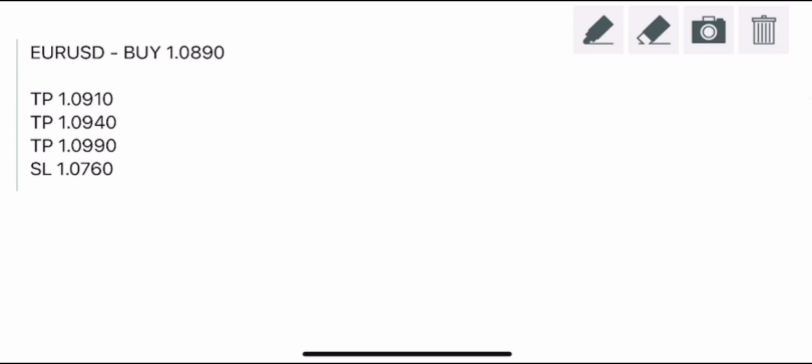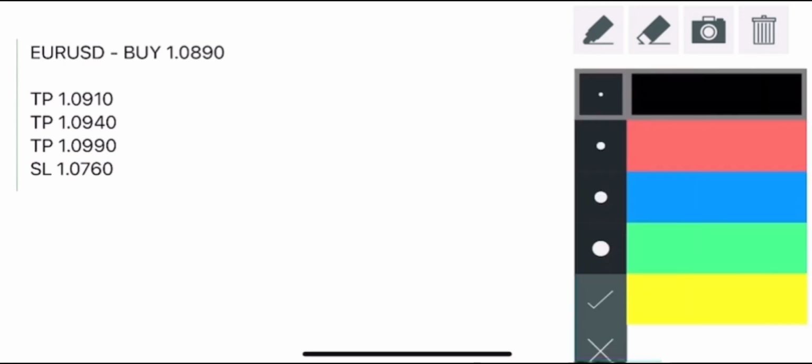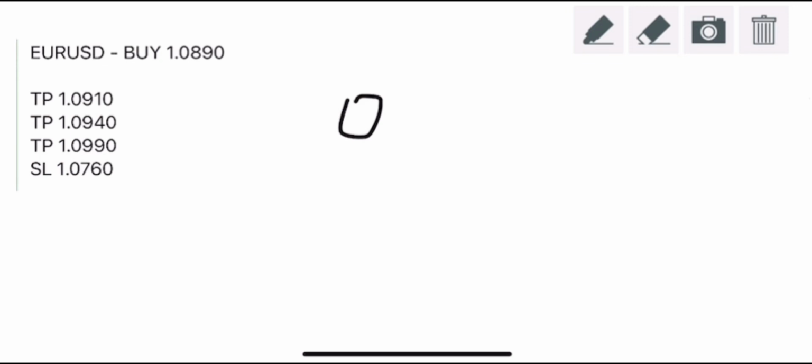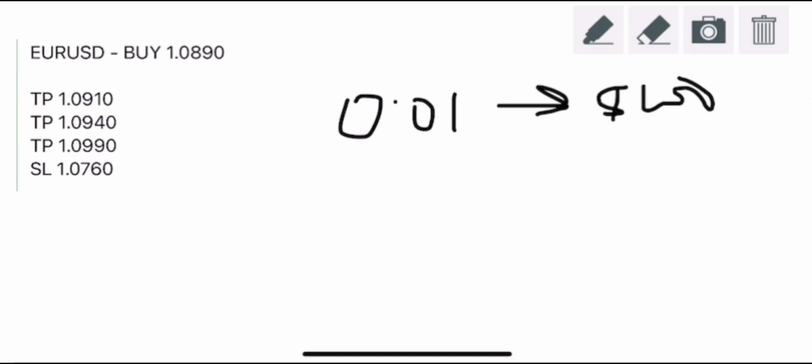So now look at this. Let's say you're using 0.01 again on a $100 account. Now you place this trade.